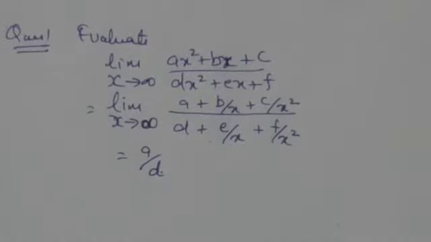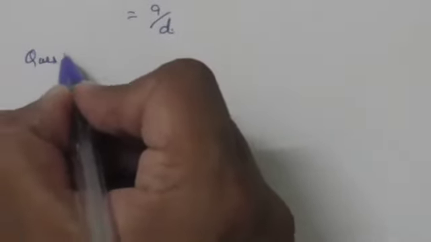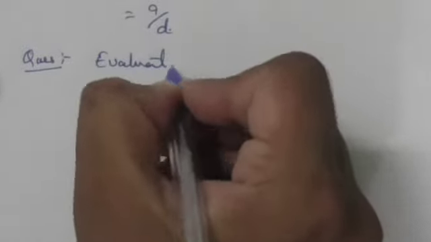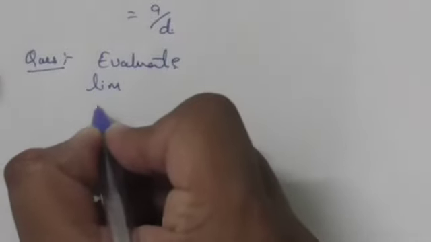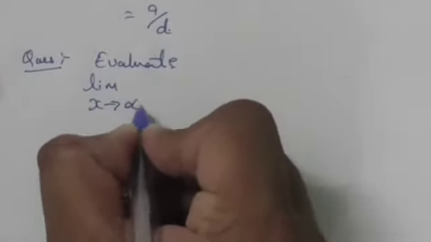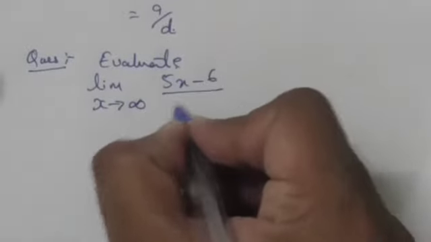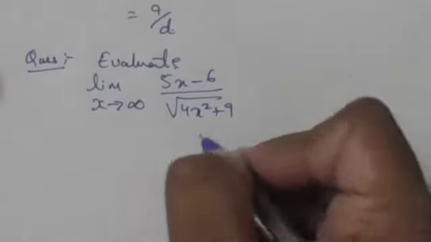Now let us solve some similar questions. Now we have to evaluate limit x tends to infinity 5x minus 6 upon root 4x square plus 9.